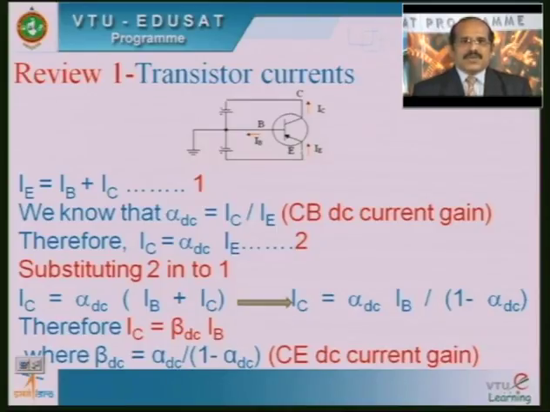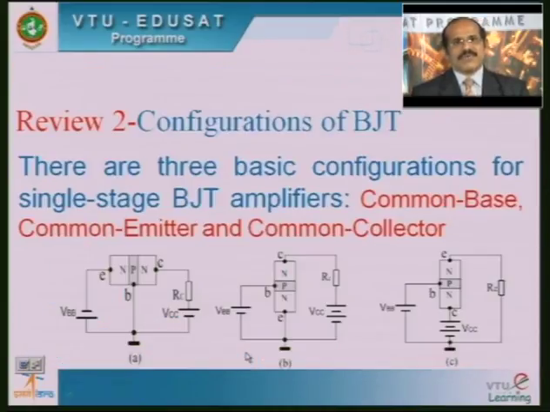So friends, we have derived the relation between beta DC and alpha DC, and also we discussed the configurations of bipolar junction transistors. As I told you, two port networks have two input ports and two output ports. In order to use the BJT in a two port network, we need one common terminal, because BJT has 3 terminals.